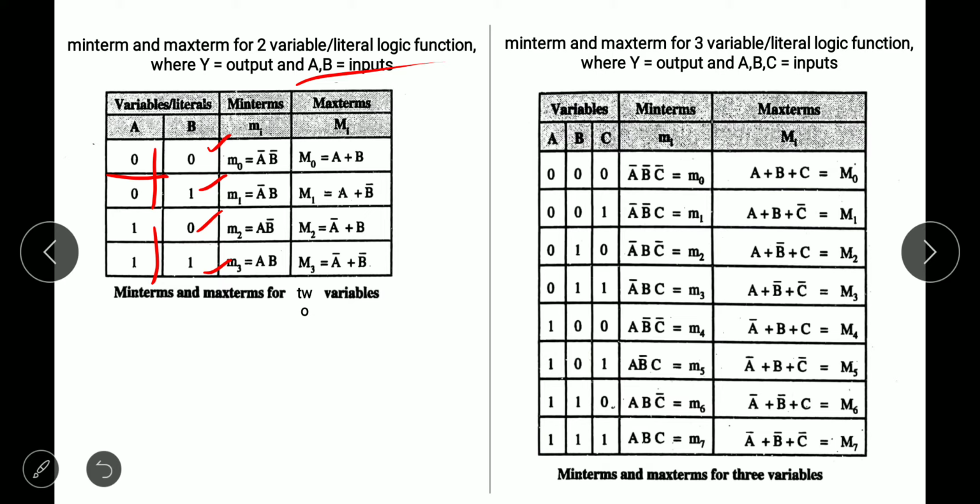Any truth table starts from 0, it doesn't start from 1. If the number of combinations is 4, then half of 4 is 2, so in the first column we write 2 zeros and 2 ones.